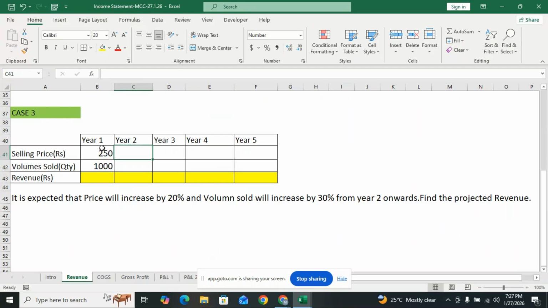Now it is expected that the price will increase by 20% and the volume sold will also increase by 30% from the second year onwards. Find the projected revenue. For the year 1, there are no changes. It remains the same. 250 is the selling price, 450 is the average price, and 4,000 tires are sold at 650.